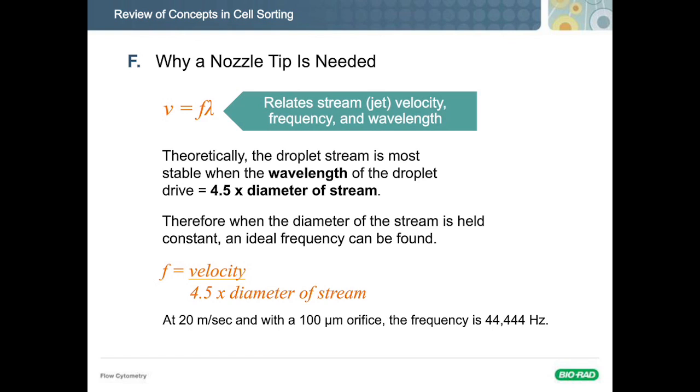It gives you, in this case, mathematically it comes out to a nominal 44 kilohertz, which is enough to give you a good high-speed sort, good viability, and it works well with all of the pieces that are there. And the 100 micron orifice is a little more resistant to plugging than smaller ones can be. So that really gives us a good overall range, and we end up with, at 30 psi and 100 micron orifice, about 20 meters per second.